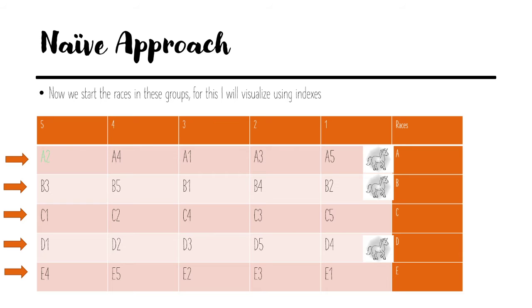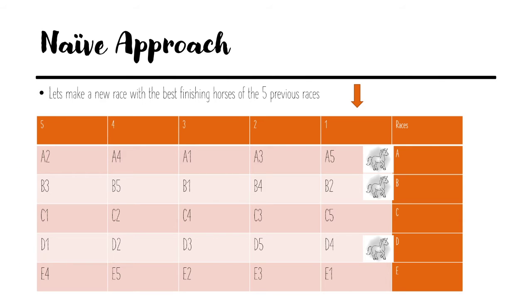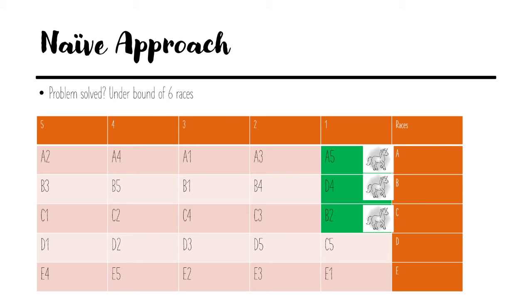Fastest horses. So in our naive approach, we will say, okay, next up, let's do a race among the fastest horses, right? And that race will eventually give us the solution for the naive approach.